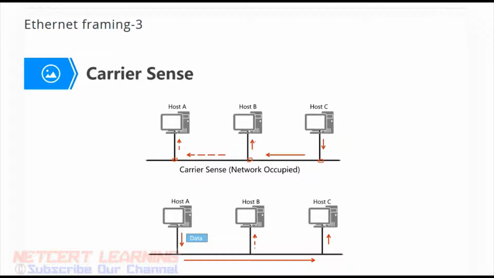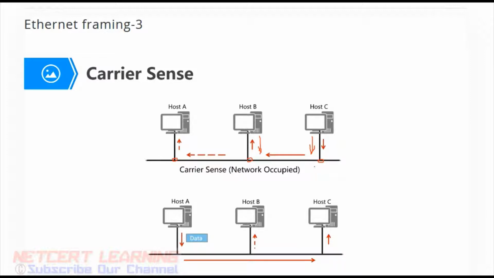All the others receive it, and then they decide who should accept it by the destination MAC. Then there's a problem. If two computers send out data at the same time, what happens? This is a collision.